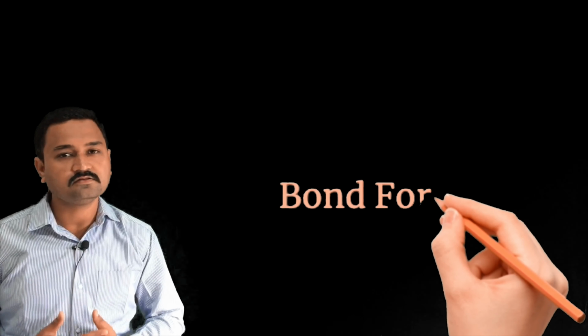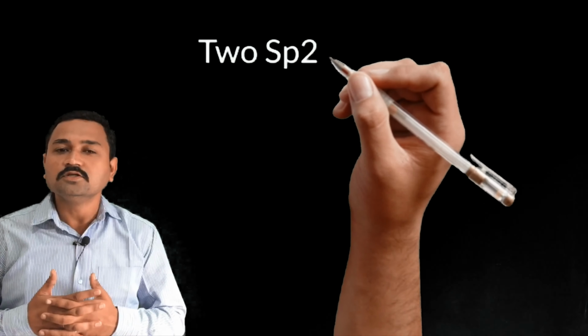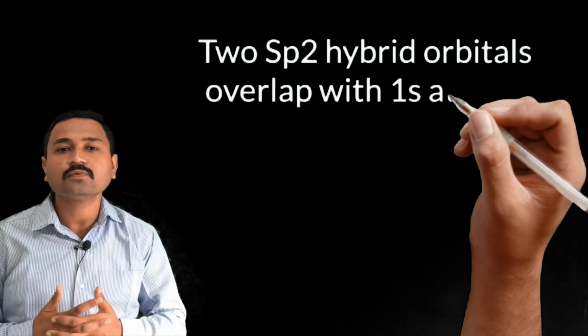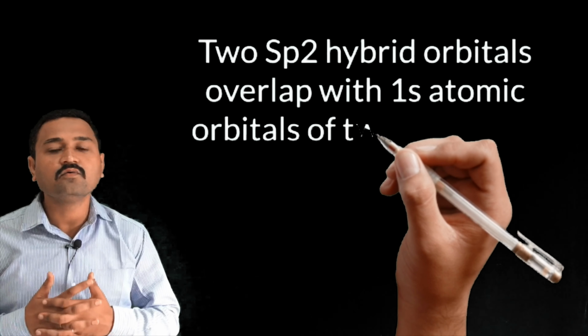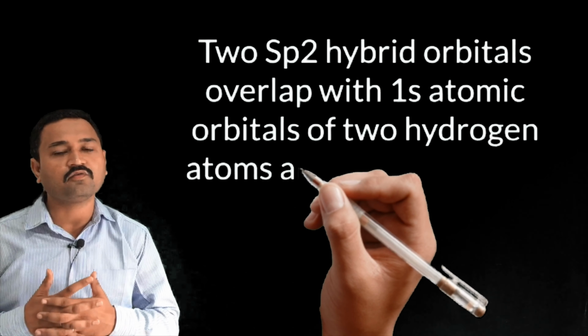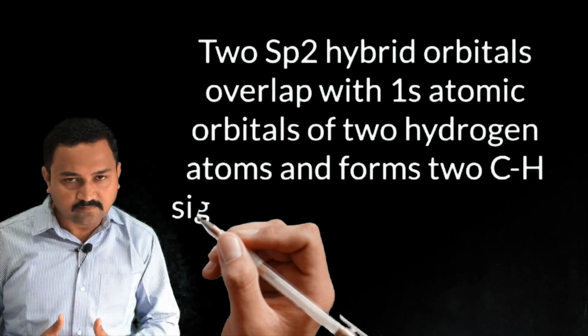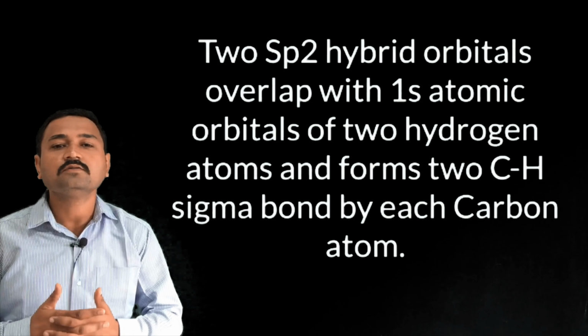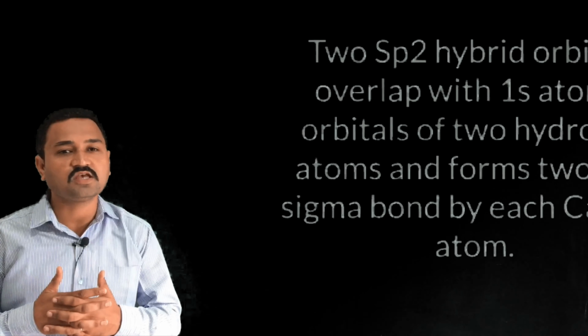Now let us consider the next step, that is the bond formation step. Out of the 3 sp2 hybrid orbitals, 2 sp2 hybrid orbitals of each carbon atom overlap axially with the 1s atomic orbital of 2 hydrogen atoms by sp2-s overlap and form 2 C-H sigma bonds.